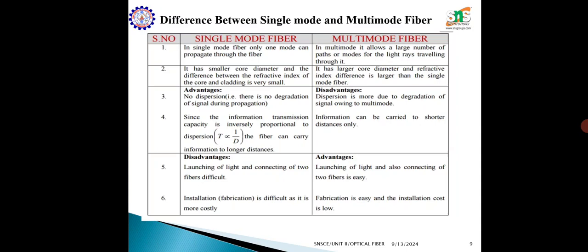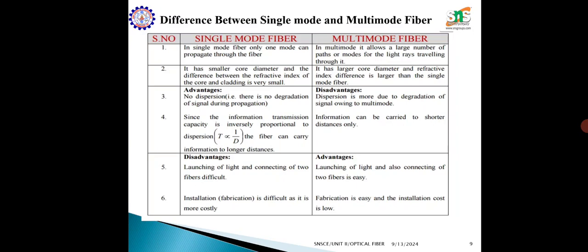Here we have the difference between single mode and multi-mode fiber, based on their characteristics. In single mode, there is only one mode of propagation. In multi mode, it can carry more than one light wave.